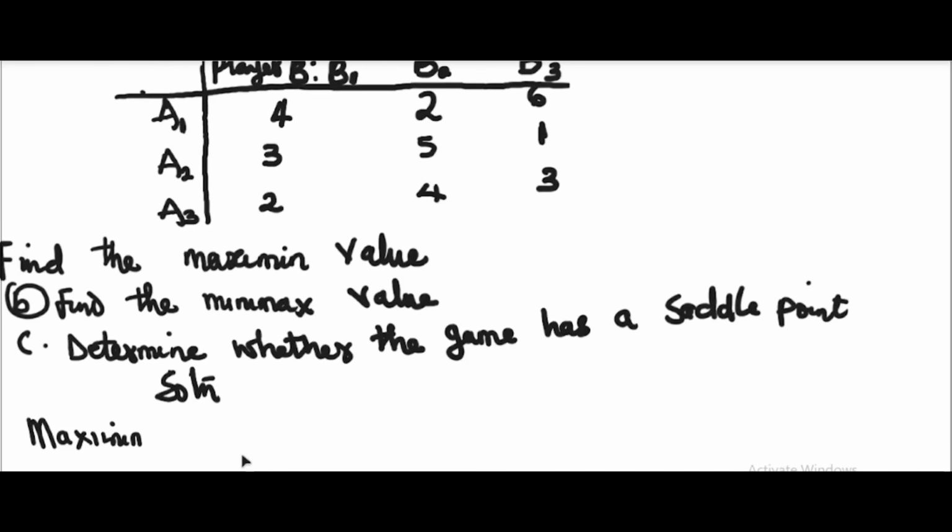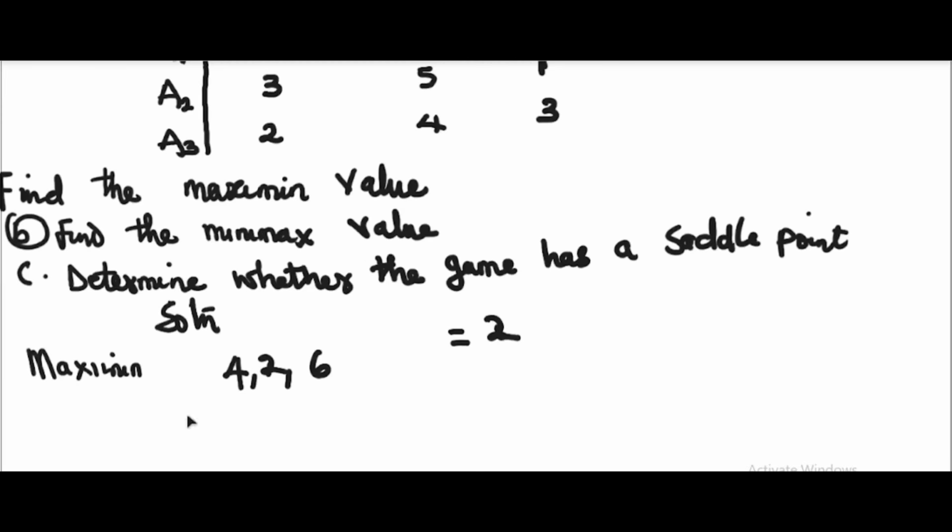Going row wise, we have 4, 2, 6, and the minimum in these entries is 2. Going to the second row, we have 3, 5, 1, and the minimum is 1.